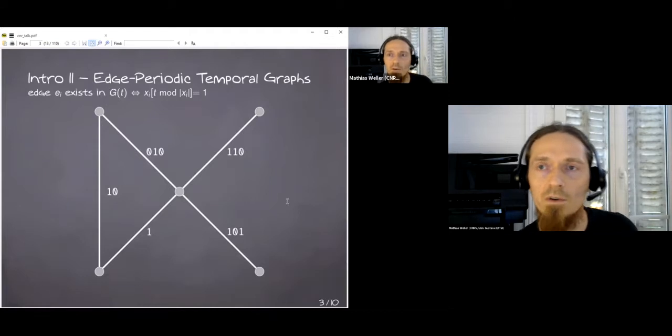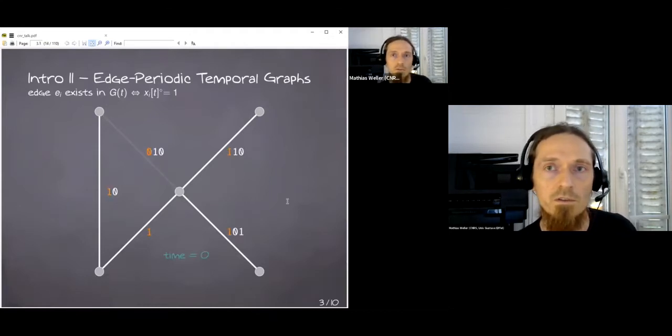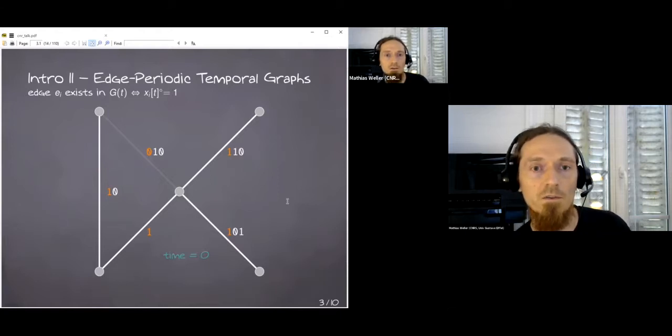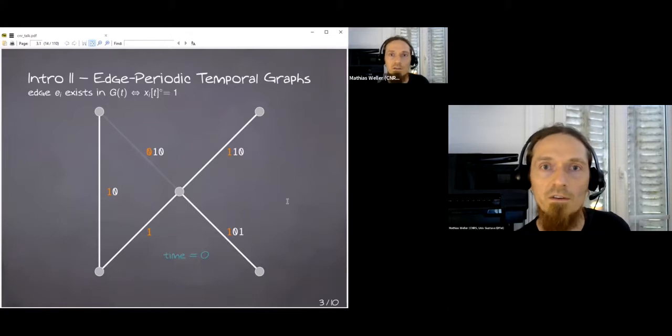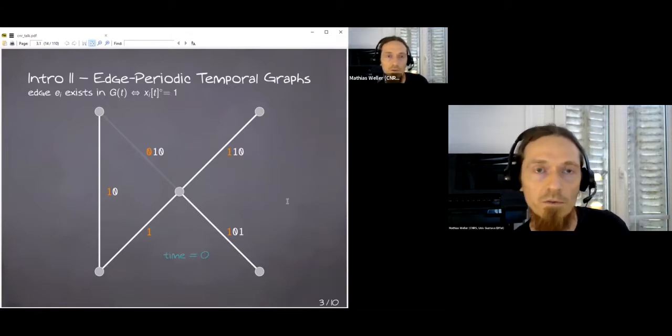We have a shorter notation, which just has this circle there, which says: take the sequence and prolong it indefinitely by repeating it, then take the index t of this prolonged sequence.